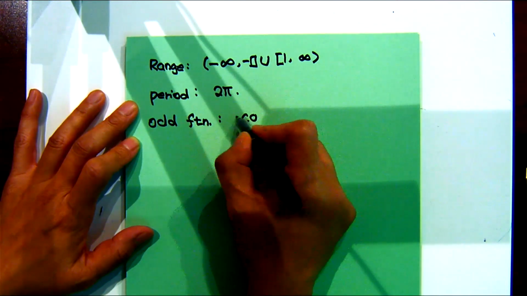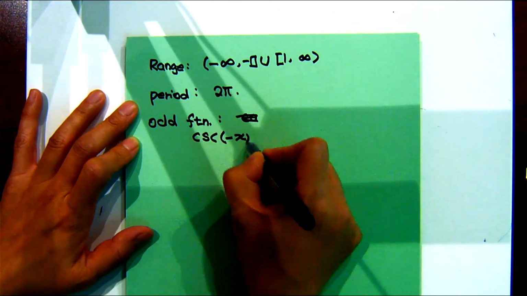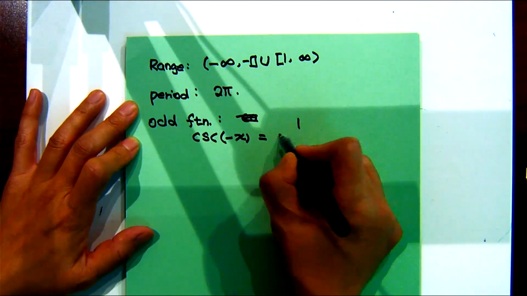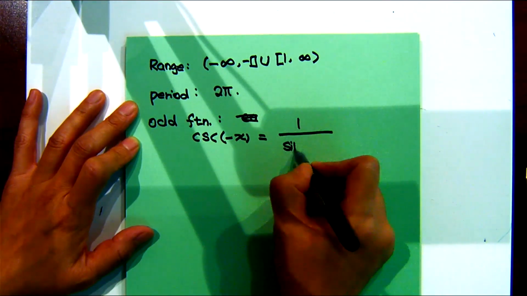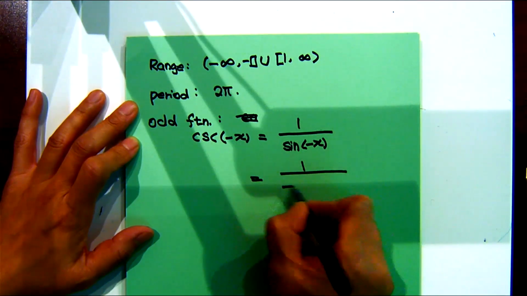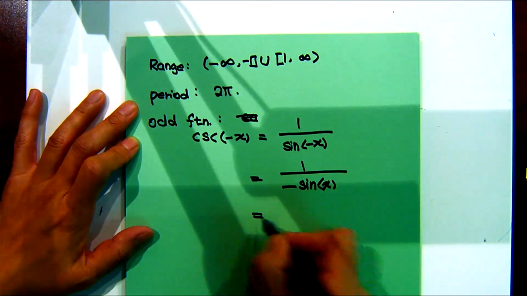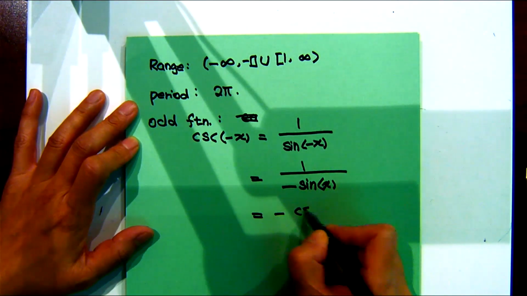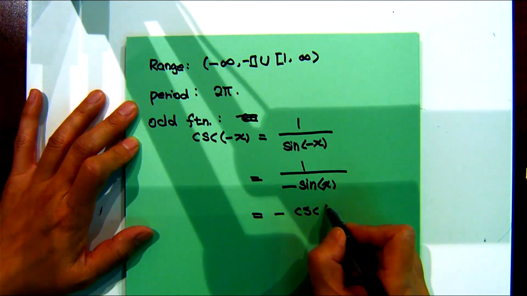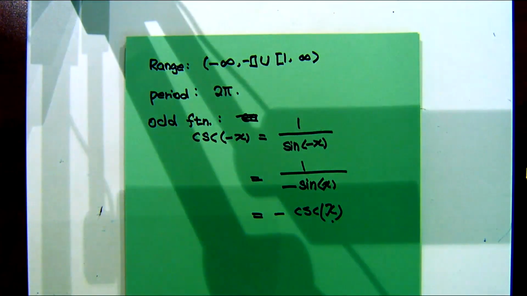So cosecant of negative x equals, it was 1 over sine of negative x. So that is 1 over minus sine of x. So that is what? Minus cosecant of x, right? So why is that?